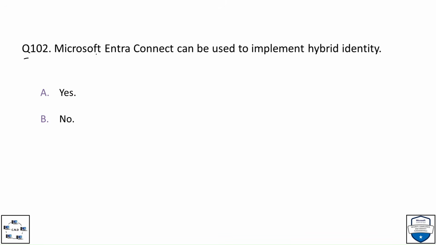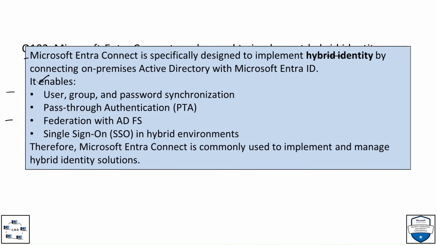Question number 102: Microsoft Entra Connect can be used to implement hybrid identity. The options are option A, yes, and option B, no, and the correct option is option A, yes. Microsoft Entra Connect is specifically designed to implement hybrid identity by connecting on-premises Active Directory with Microsoft Entra ID.